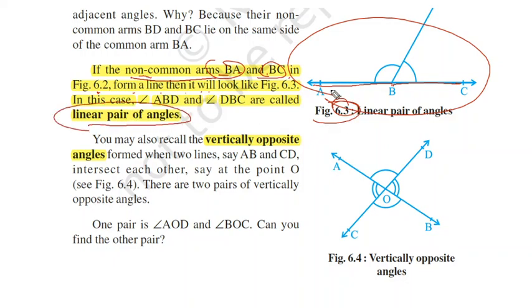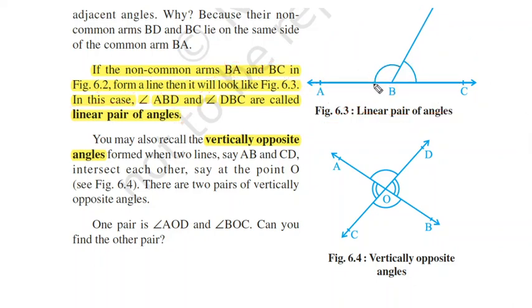You can see BC and BA together are forming the straight line AC. Then angle ABD and angle CBD are linear pair angles. The sum of linear pair angles is 180 degree, or in other words, they are supplementary.